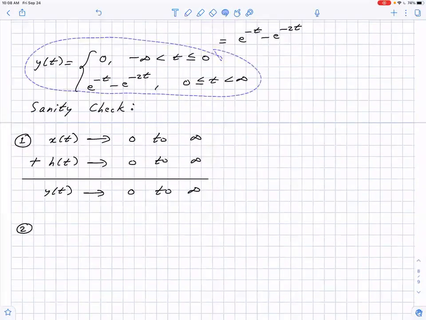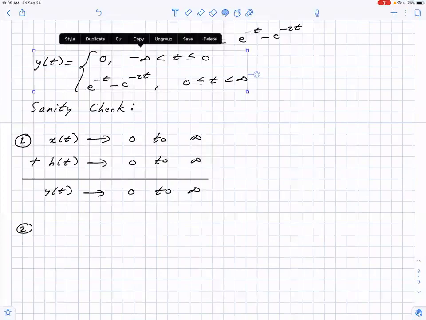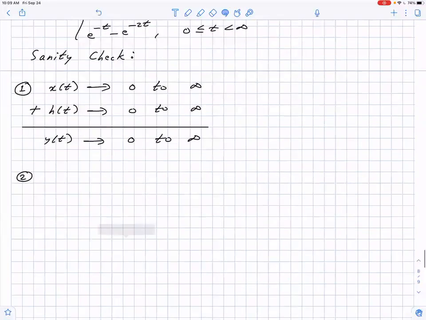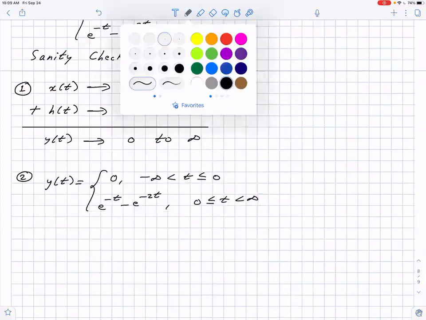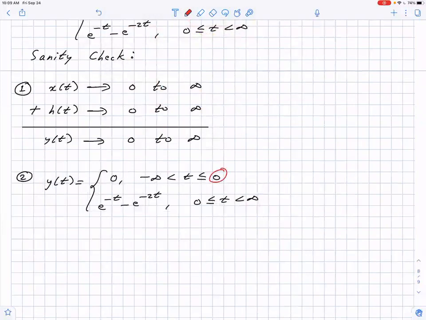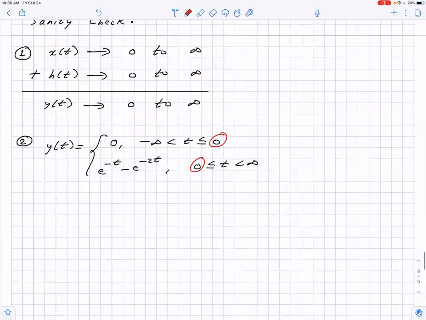Now we'll see if the boundary values are correct. So let me copy this. And so we have only one boundary point, which is 0. So the time 0 appears in both rows. If we evaluate the second row at t equals 0, we get e to the 0 minus e to the 0, which is 0.